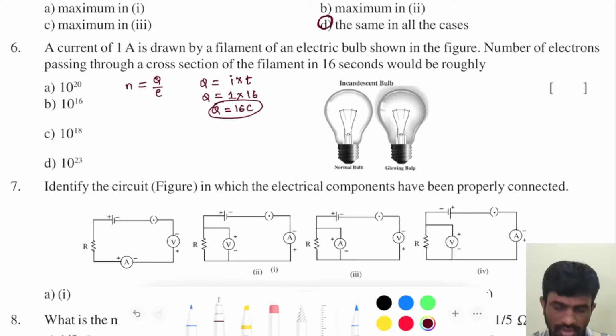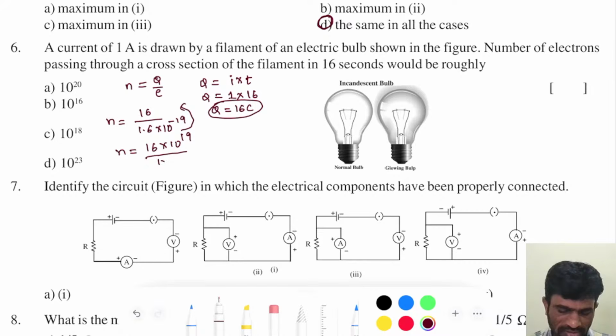So it's 10 to the power of 18 your answer, but we will check it. Q is equal to 16 coulombs. So we'll substitute the 16 coulombs here. N is equal to Q, 16 coulombs, by the charge of one electron, 1.6 into 10 to the power of minus 19. Then we send this 10 to the power of 19 up. Then we get N is equal to 16 into 10 to the power of plus 19 by 1.6. If we remove this 1.6, we multiply 10 in the numerator and denominator.